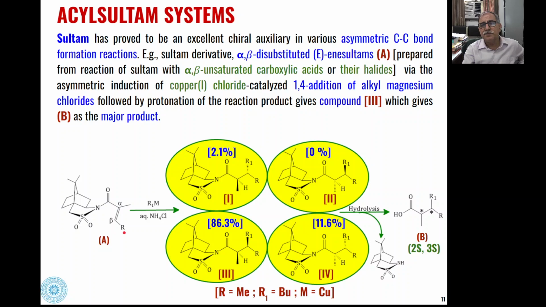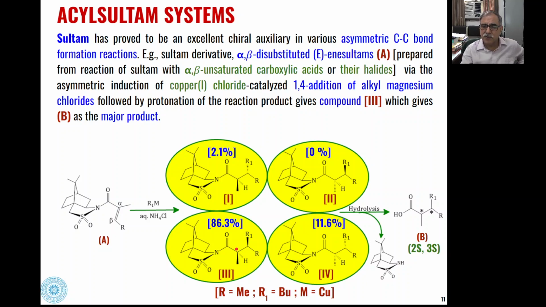So here the configuration is E, and these alpha beta unsaturated carbonyl compounds can undergo copper(I) chloride catalyzed 1,4 addition of alkyl magnesium halides, and there is a possibility of formation of these four diastereomeric compounds.